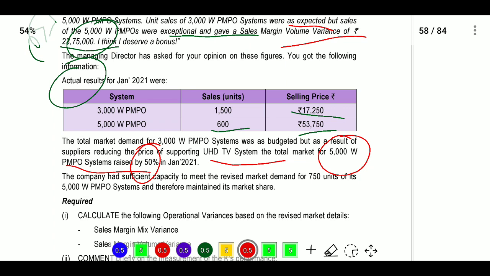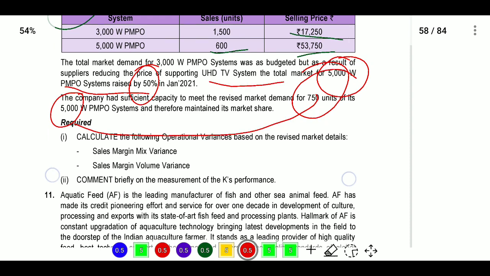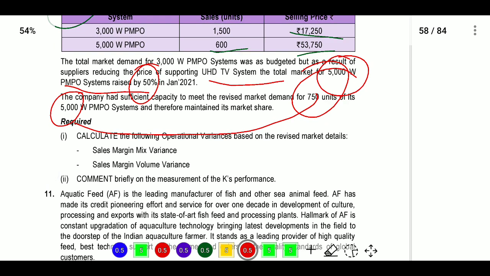Next, the company had sufficient capacity to meet the revised market demand of 750 units, so it has 750 units capacity for the 5000. Okay, next, calculate the following operational variances based on the revised market data.